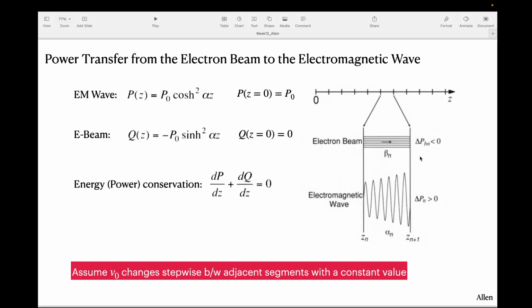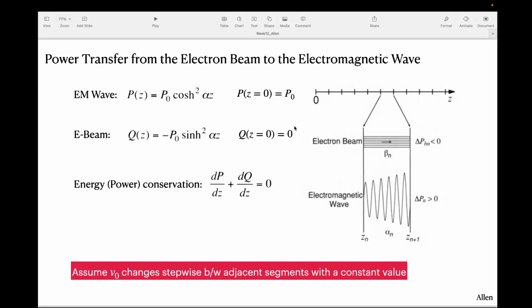Next, we would like to talk about the power transfer between the electron beam and the EM wave. Consider the power of the EM wave to be this form, and the power of the electron beam to be this form, where the initial condition, or starting point, corresponds to P0 and 0.